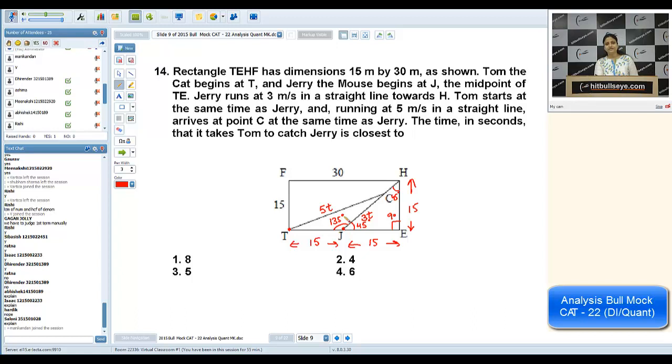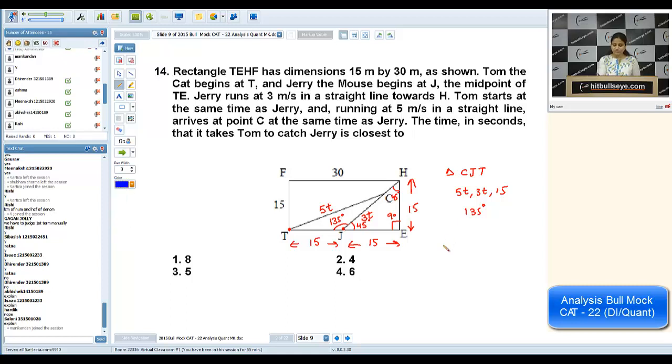Actually, we want to find a triangle where all the sides are either constant or in T, and it is advisable to apply a formula in that triangle. For example, if I talk about triangle CJT, I know three sides, they are 5T, 3T and 15, and I know one angle, that is 135 degrees. You can apply the cosine formula.